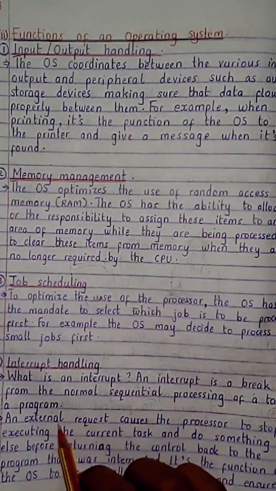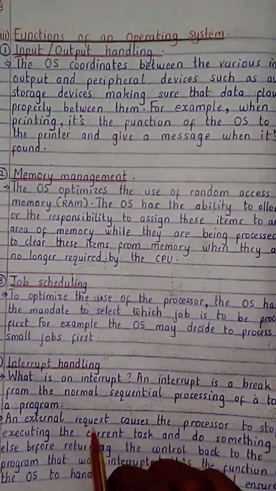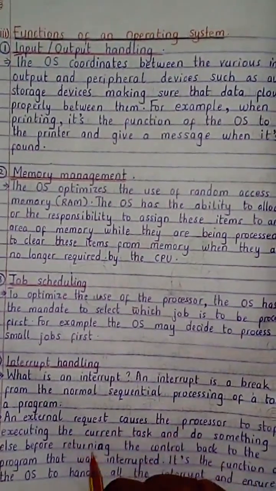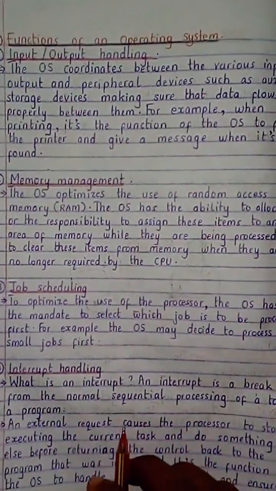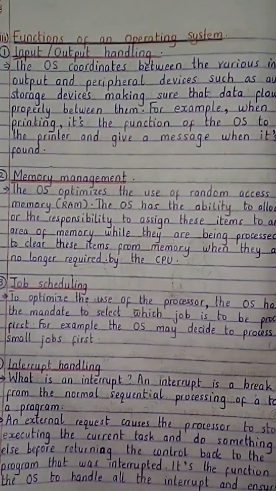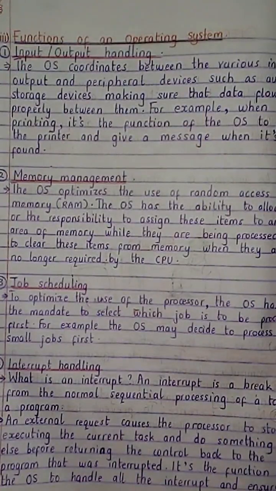Let's say, for example, an external request causes the processor to stop executing the current task and do something else before returning the control back to the program that was interrupted. So it's the function of the operating system to handle all the interrupts and ensure that the control of the program is handed back to its original place, before the interrupt.